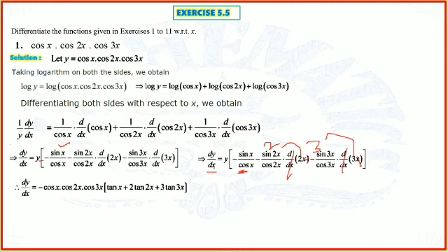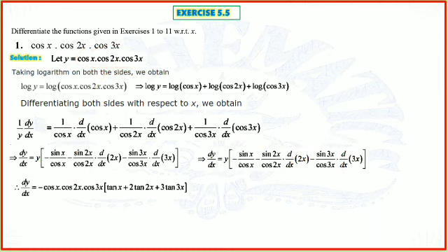Actually, this y we had supposed long back as cos x into cos 2x into cos 3x, and we have put the value of y outside. Then minus, because this is negative, this is negative, the last one is also negative.